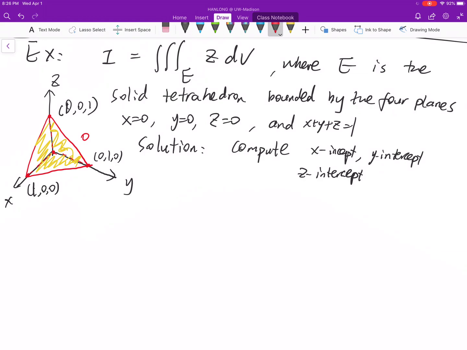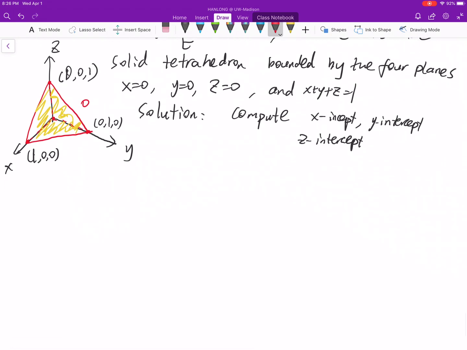Okay, then to evaluate this, you first project down to the xy plane. Then what do you have from the picture?